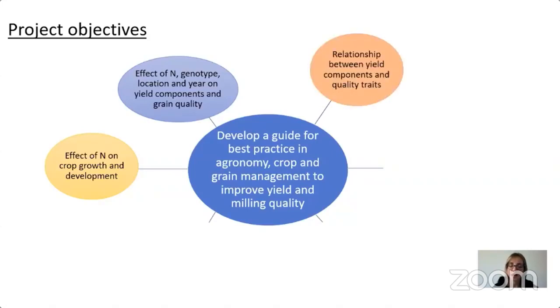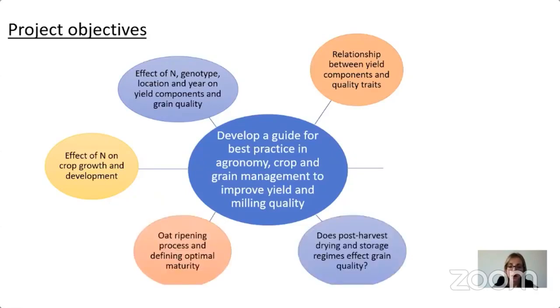I'll also be analysing the relationship between these characteristics. Other factors include looking at how maturity, time of harvest, drying and storage regimes affect milling quality. And I'll also be using image analysis to gain an understanding why some oats are more resistant to dehulling, which reduces milling efficiency.